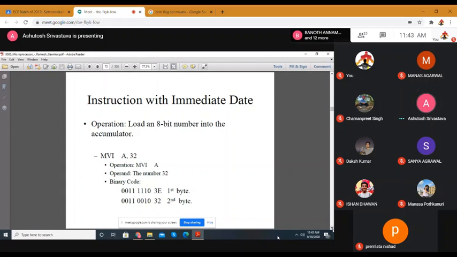This will immediately move the number 32 into your accumulator within your CPU.